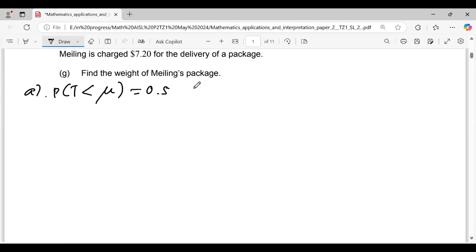Why? Because the normal distribution is symmetric around the mean. So we can state that the probability T less than 64, because the mean equals 64, is always 0.5.